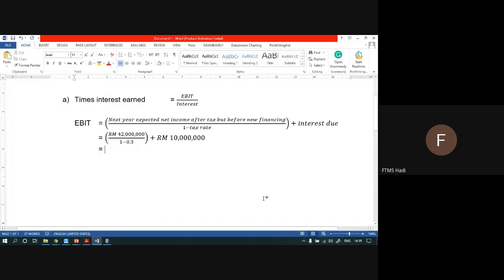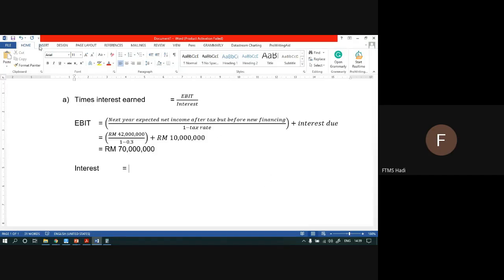You got 70 million. So this is the EBIT, the original EBIT. Okay, so interest. Because they want to include the new loans.